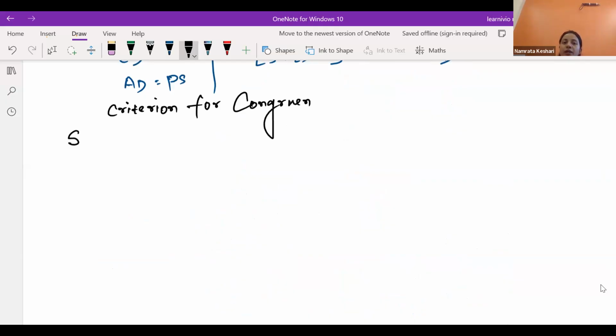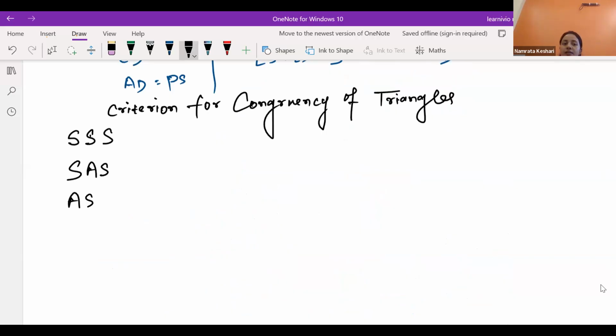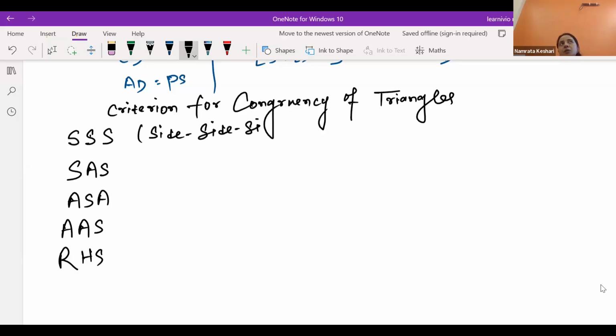For congruency of triangles, you have the side criteria, angle criteria, angle side criteria, and the RHS criteria: right angle, hypotenuse, and one of the sides. This was the bare minimum criteria, that if you are not able to match all the sides and all the angles, then at least match this much.